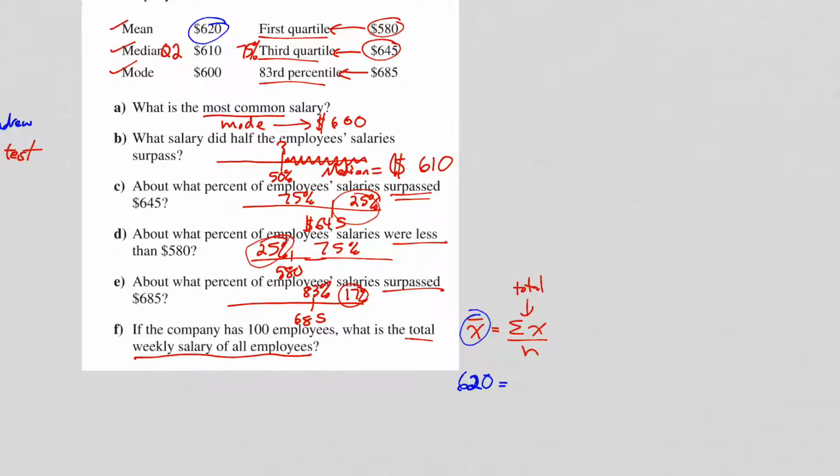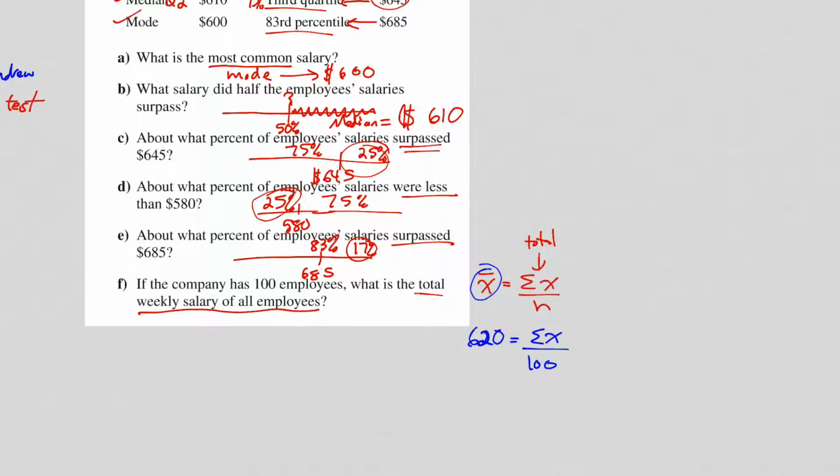Okay, what is the total if they have 100 employees? Okay, so again, all we have to do is multiply both sides by the denominator. So 620 is the mean times 100 employees. That's 620 with 3 zeros, which is the total, or the sum.